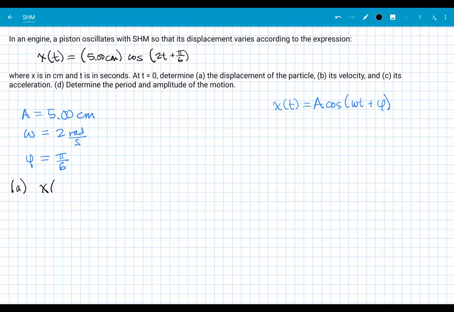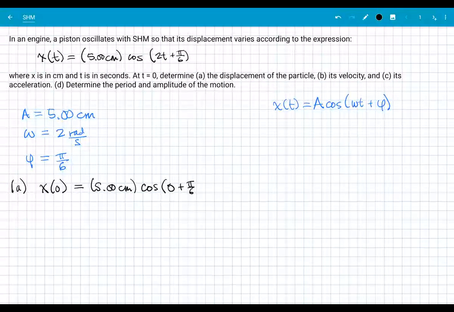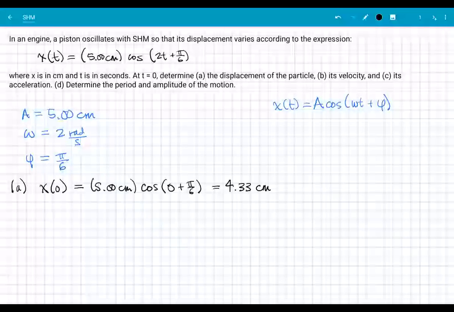The displacement at t equals 0 is going to be equal to 5 centimeters times cosine(0 plus pi over 6). If I sub this in, what I get is something like 4.33 centimeters. Okay, so there's the displacement at t equals 0.